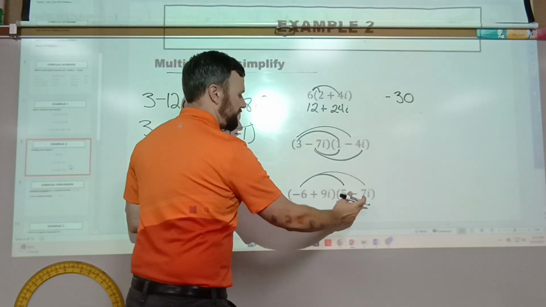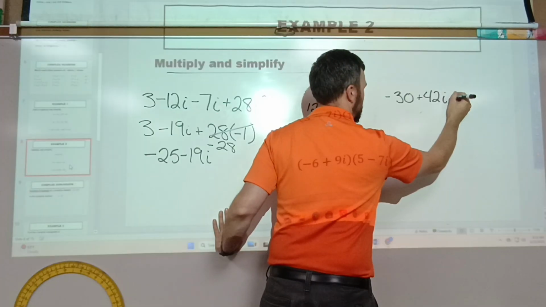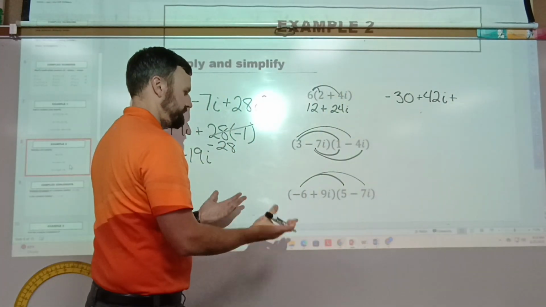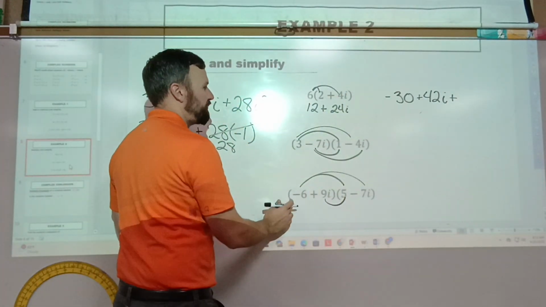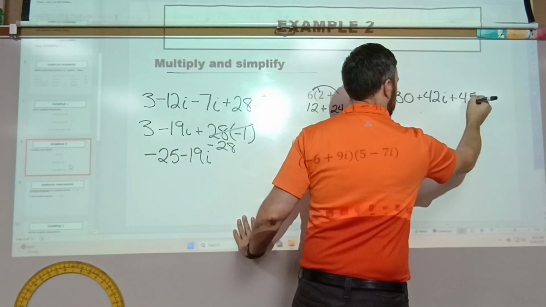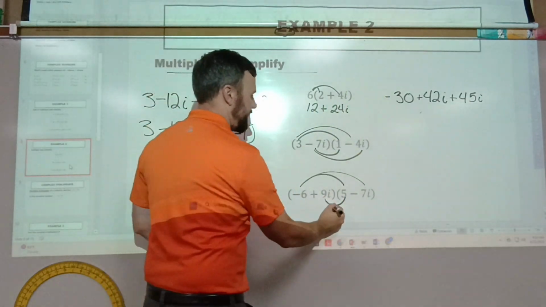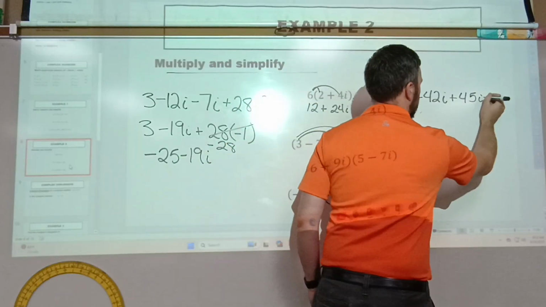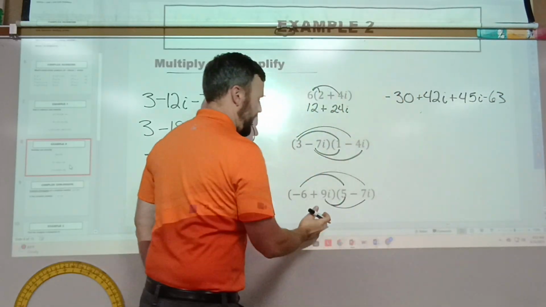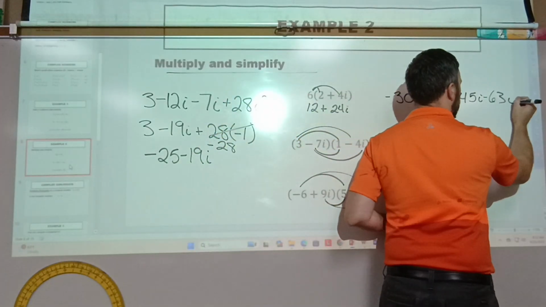Negative 6 times negative 7 is positive 42i. 9 times 5 is 45i. And 9 times 7 is negative 63. Now I have an i times an i, which makes it i squared.